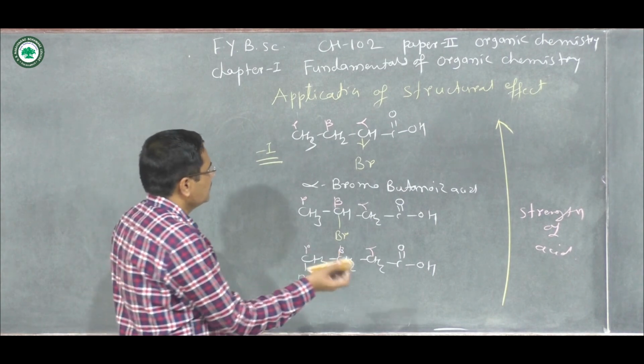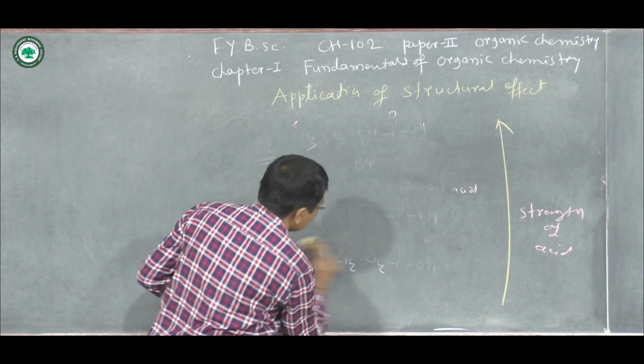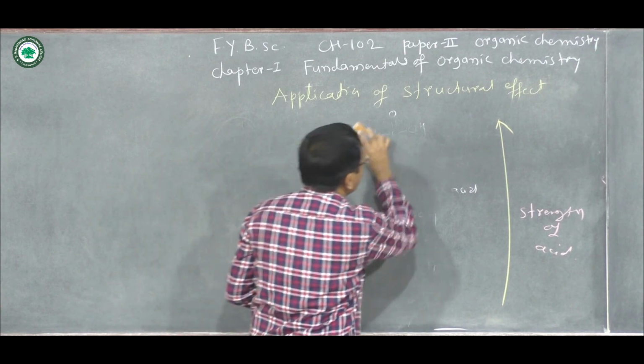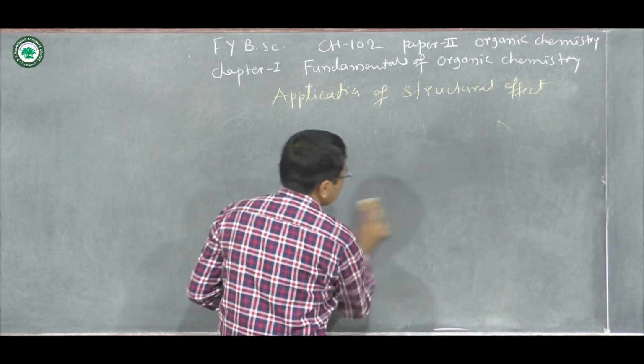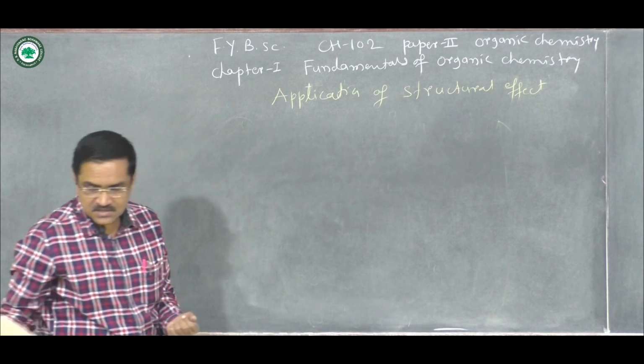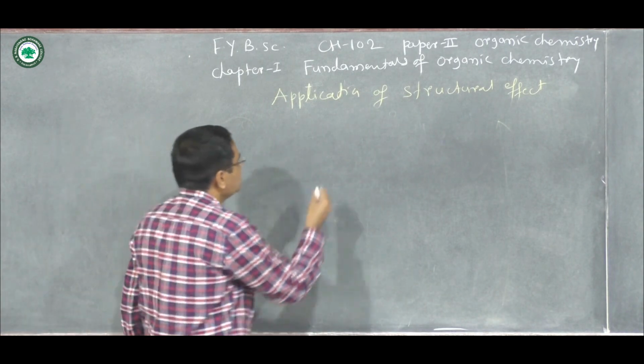Okay, so the position of the electron withdrawing group also governs the strength of acid. Now we will see the last example here.